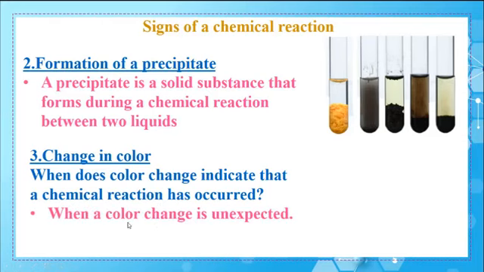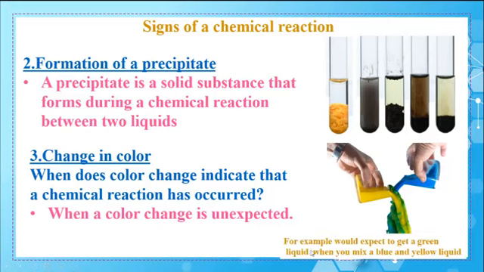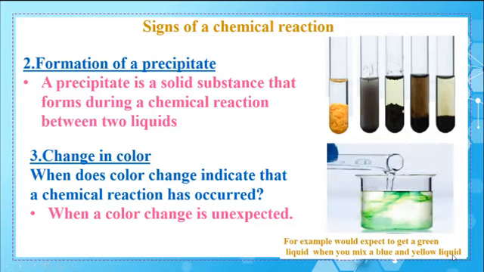Changing color is unexpected here. Look here, I have a blue mixture and a yellow one. Upon mixing them together, the expected color is a green one. Good, we'll expect a green one upon mixing blue and yellow liquids.